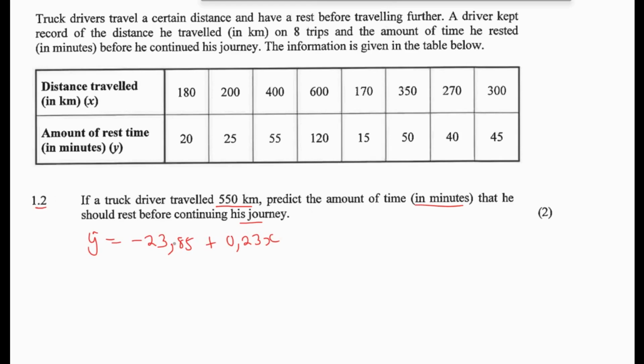Now we want to predict using this equation. So the distance here is 550 kilometers. Where there's x, we put 550. So y is equal to negative 23,85 plus 0,23 times 550.